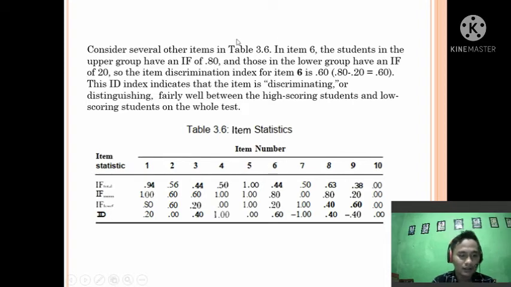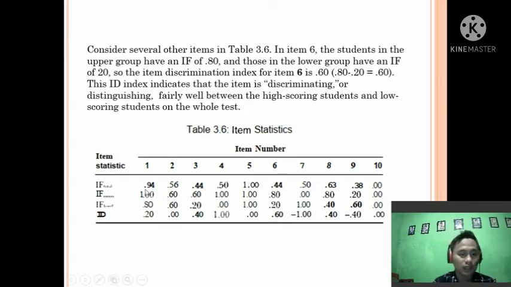The item facility is 94%, 56%. The example I gave you for item 3 is 44%. Number 4 is 50%, 5 is 100%. This is the percentage.